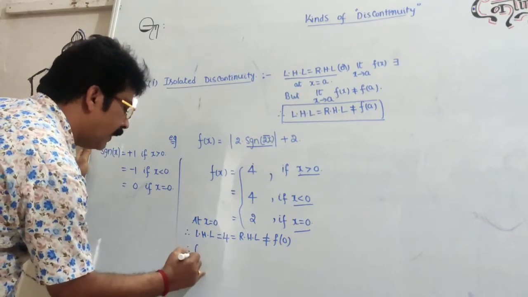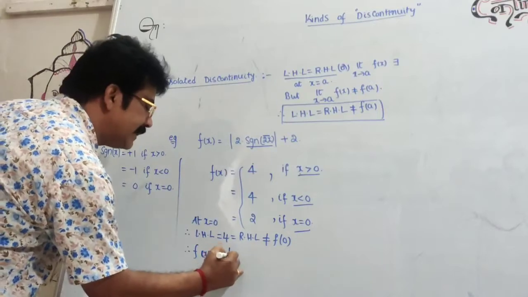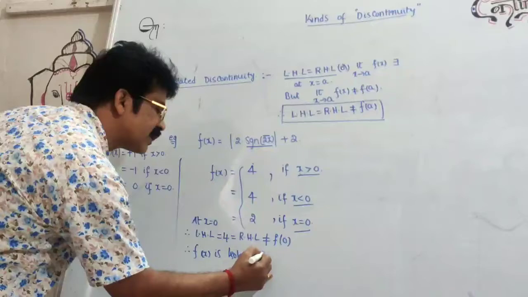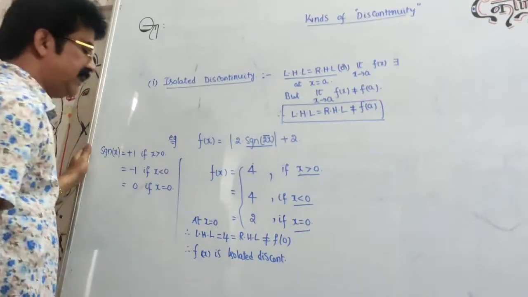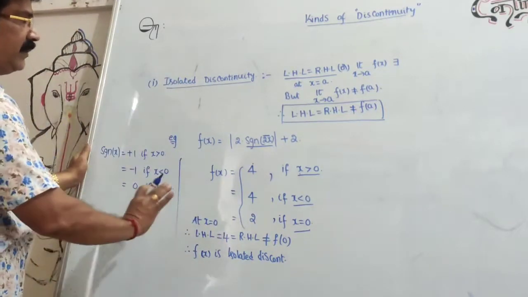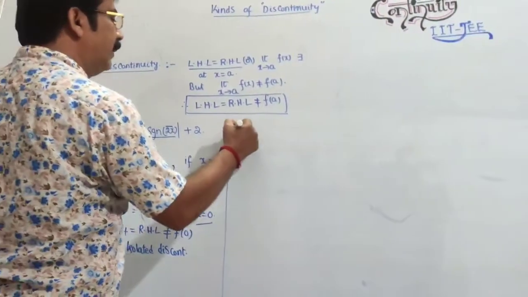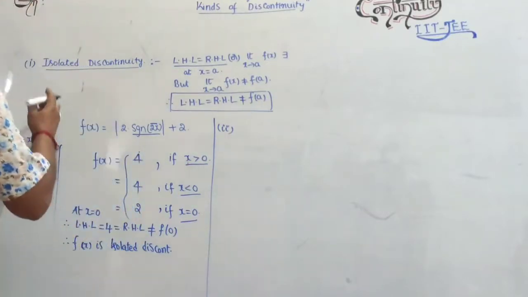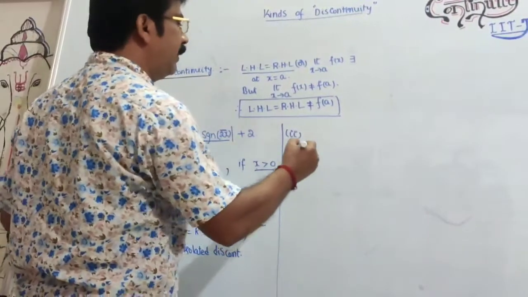So therefore f of x is an isolated discontinuous function. Isolated discontinuous function. So this is the best example. Next, number 2. Okay, so this is the isolated. Next, number 2, missing.